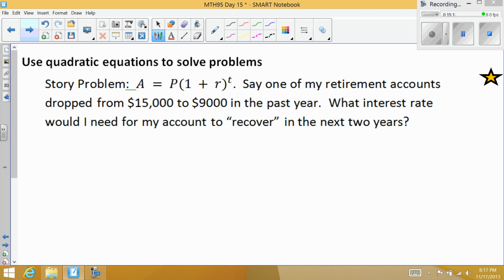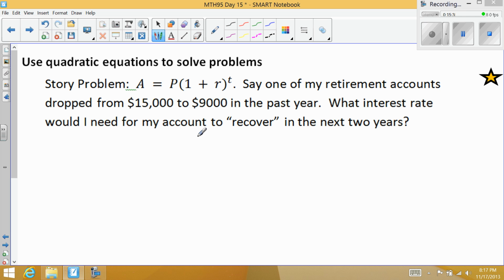Example here, a story problem. Say we have A equals P(1 plus r) to the t. So this is a simple interest problem for a principal sitting for t years in an account paying r percent. So say I have a retirement account that drops from 15,000 to 9,000 in the past year.